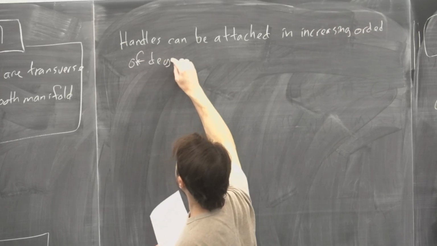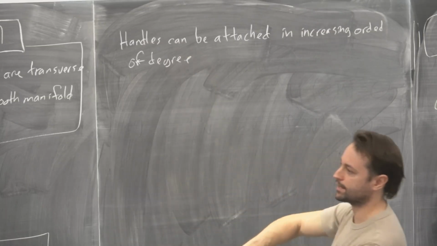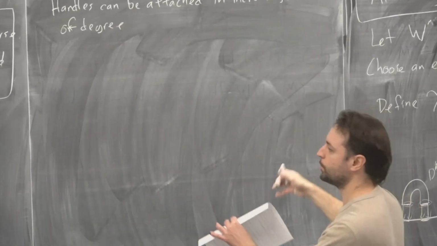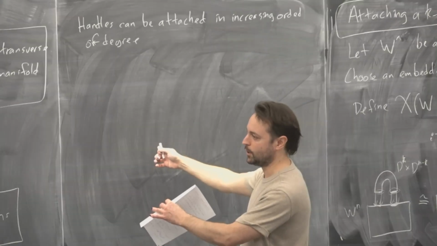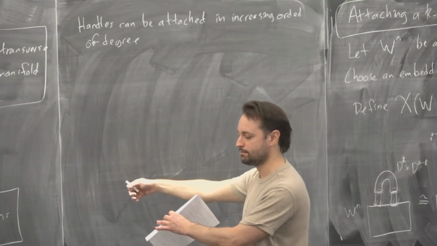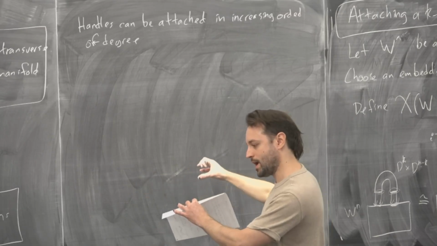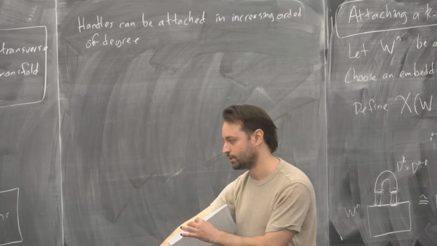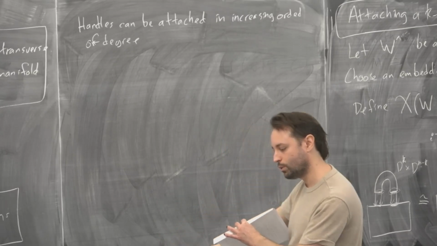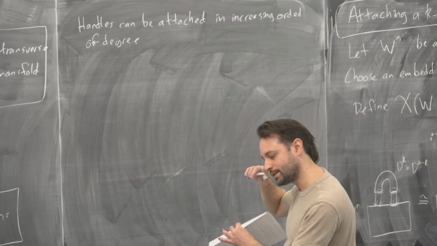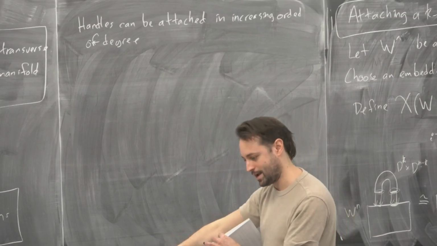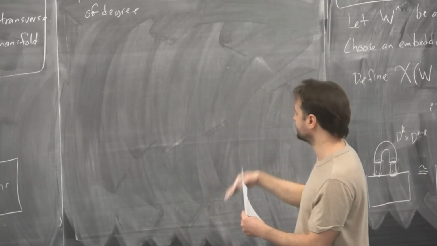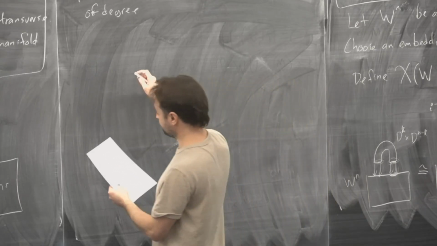Meaning that if you have something that has a K handle attached, and you come along with an L handle, where L is less than or equal to K, you can attach it in a way that completely avoids the K handle that is always there. You only have to be worried about things that have dimension smaller than the handle that you attach, or degree smaller than the handle that you attach.